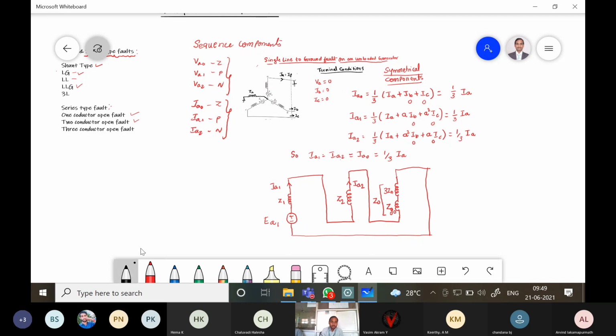We need to represent voltages also. So across the positive sequence we got VA1, so this is VA1, this is VA2, and this is VA0.